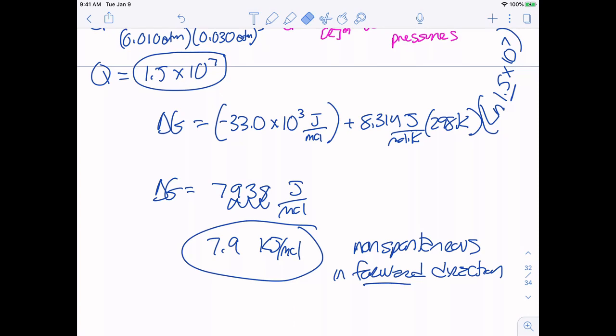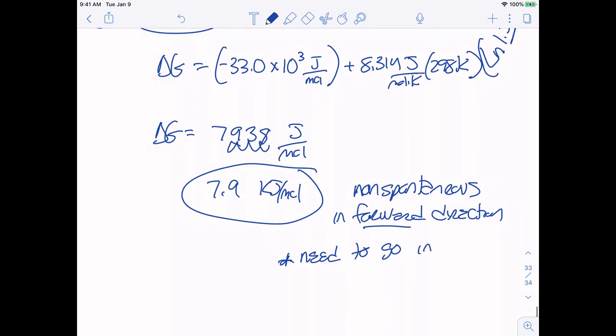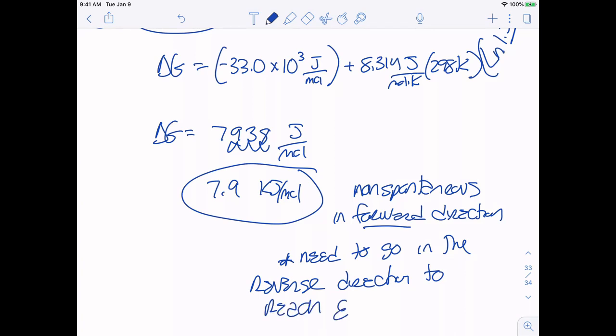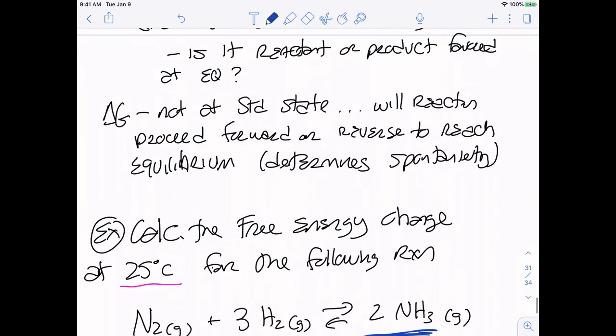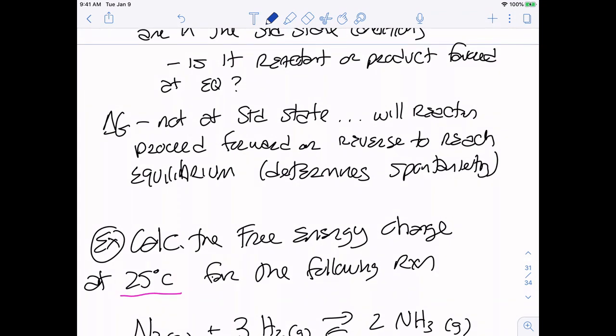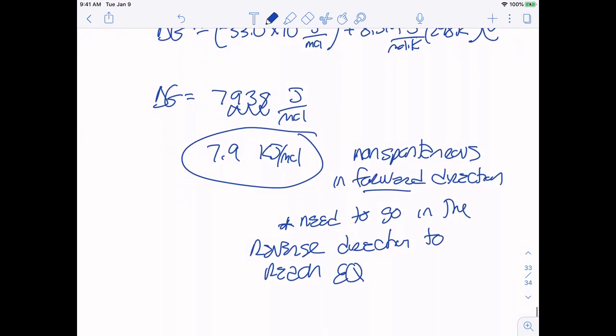Things spontaneously go towards equilibrium, so we could say needs to go in the reverse direction to reach equilibrium. Right, we said that our free energy change, if I go back up here, will it proceed in the forward or reverse direction to reach equilibrium? It's going to go in the reverse direction because it is non-spontaneous in the forward direction.